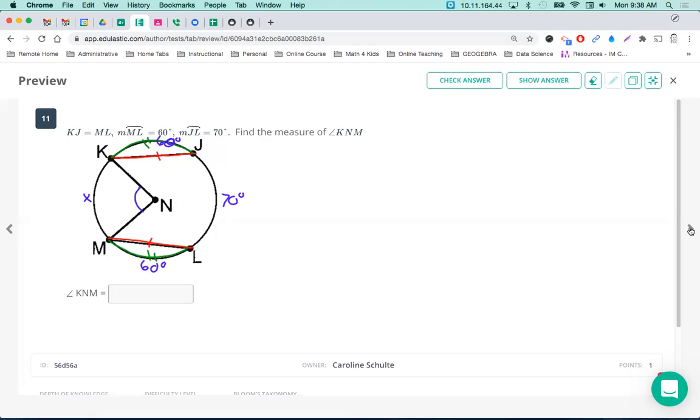So if I add these three angles together, 60 plus 60 plus 70, I get 190 degrees. To get arc KM, I subtract that from 360, and I get 170 degrees, which is what the angle also equals.